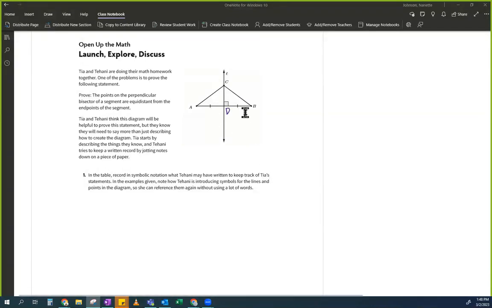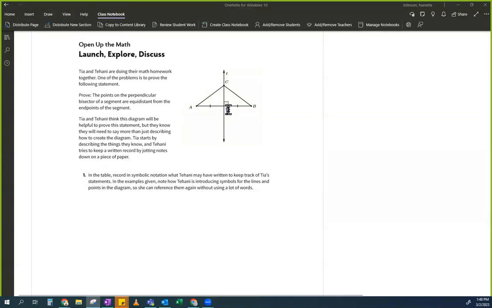We talked about the little tick marks. We did. No, the arrows just mean that the lines go on forever. Come on, y'all. Find it. Yes, very good. It's perpendicular, Miss Johnson. We didn't talk about it's perpendicular.